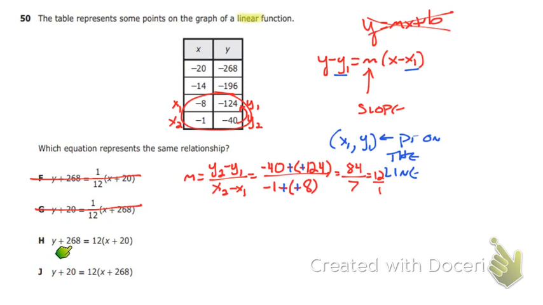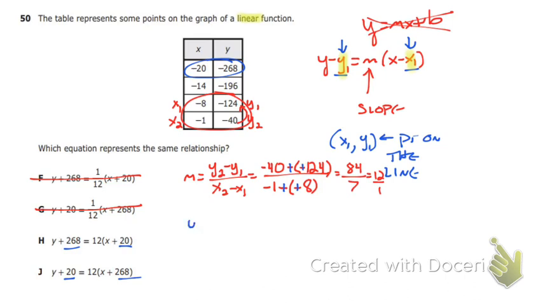So now I'm looking at these points, and we really have to figure out what goes where. And I know in my slope formula, it's y minus the y coordinate and x minus the x coordinate. That means that y goes on the left side of the equation and x goes on the right side of the equation. Well, if I pick the point, it looks like they use a point involving 20 and 268. They're using that point right there.